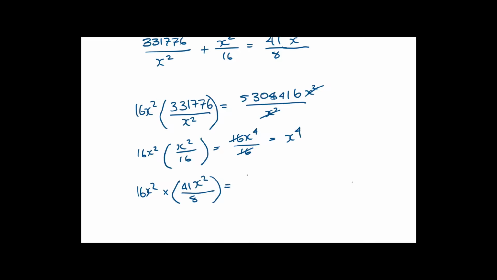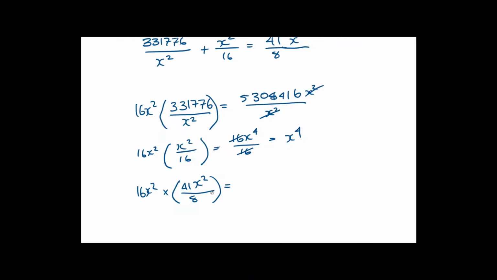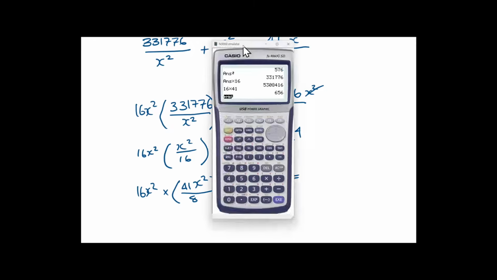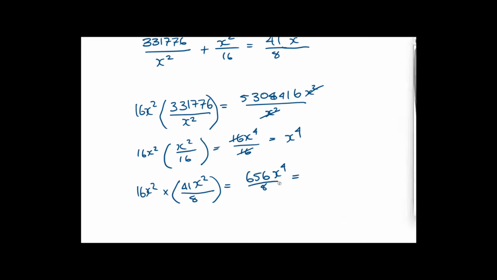And that's going to give us whatever 16 times 41 is, 656, x to the power of 4 divided by 8, which is 82. Okay, so we've got 82 x to the power of 4.